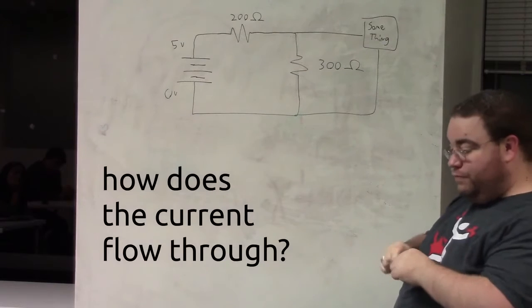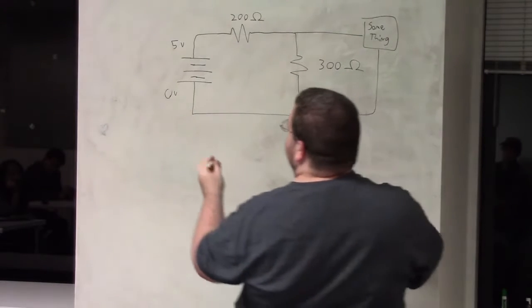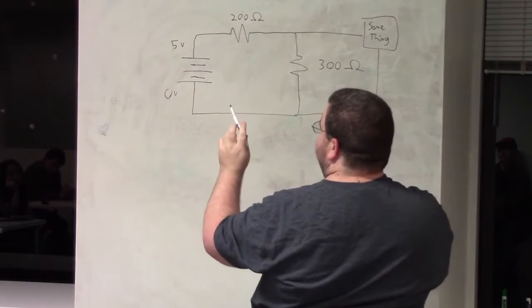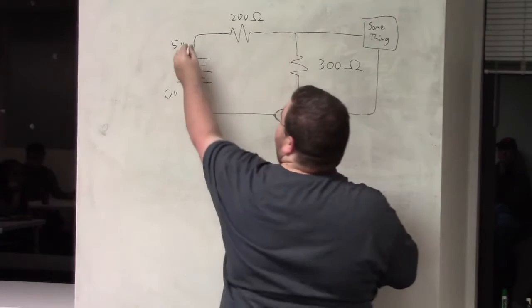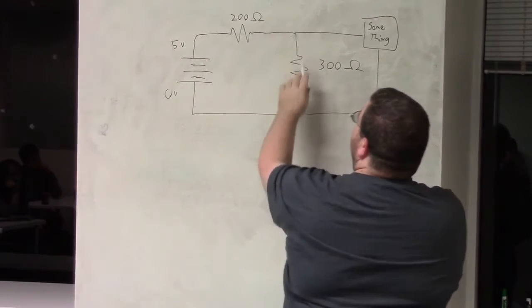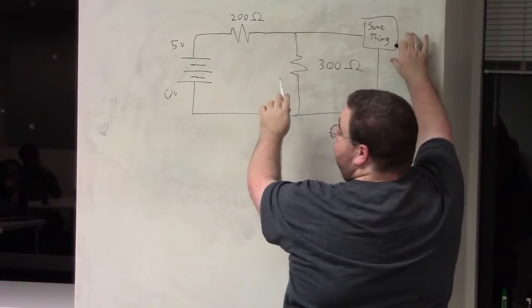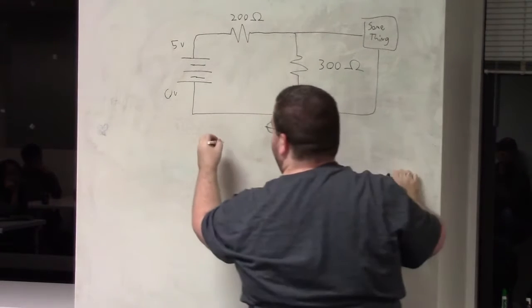Can you walk through exactly how the current would flow through the circuit? Sure. So, pretending that positive voltages are the ones that are going to flow. It starts out here, we have 5 volts, and we have a total load of 500 ohms.